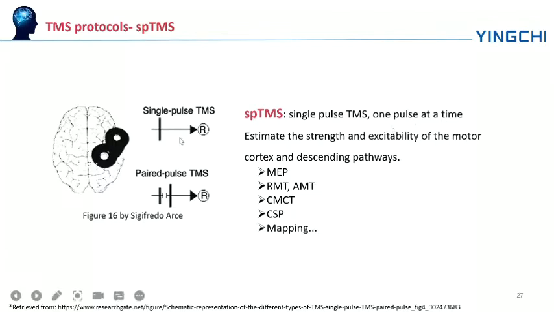It can estimate the strength and excitability of the motor cortex and its descending pathways. The most important part for single pulse TMS is here, and we will explain it in detail.